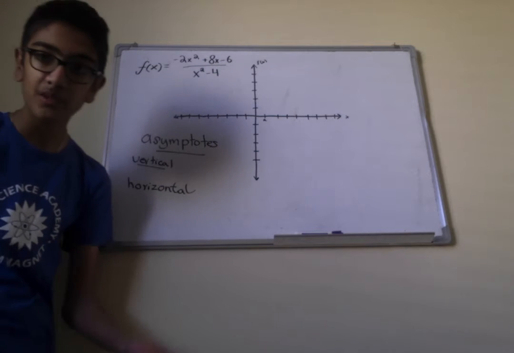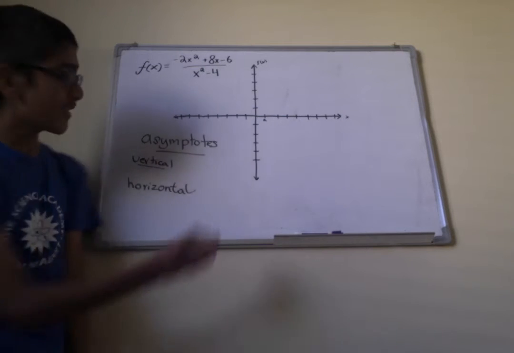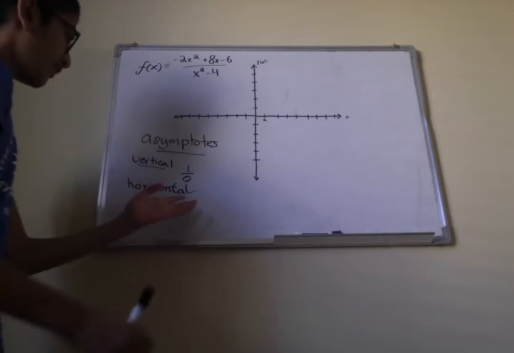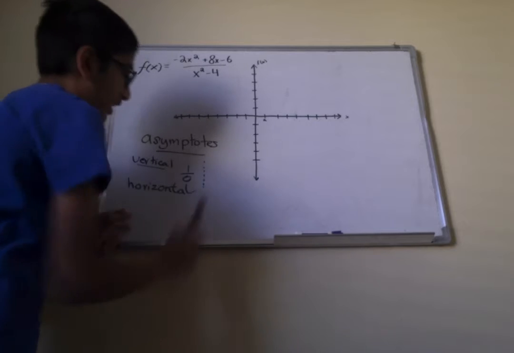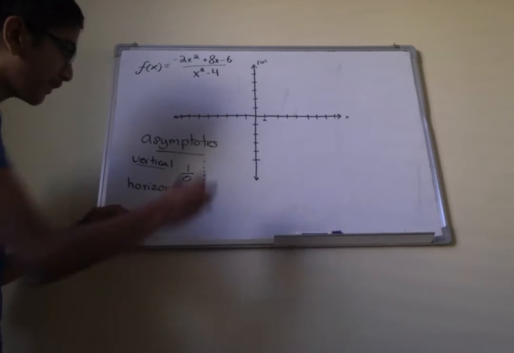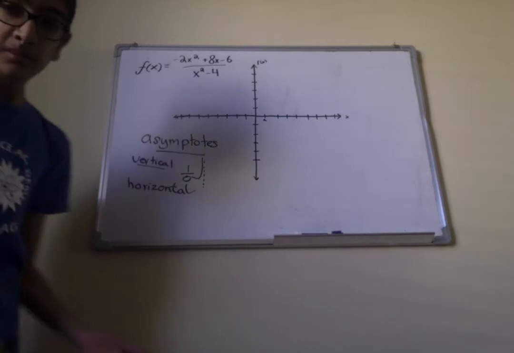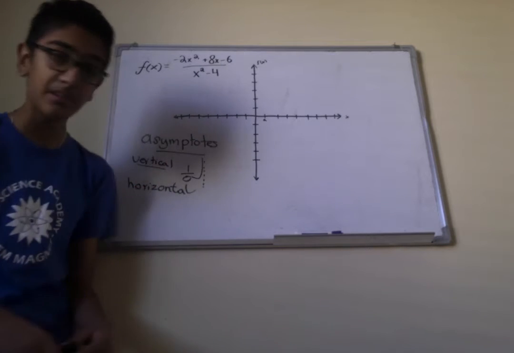And because this is division, what specific division would break the rules of math? Dividing by 0, like 1 over 0. If something like that were to happen, there would be this dashed line here, as the function would either approach infinity or negative infinity, because it can never reach 1 over 0.